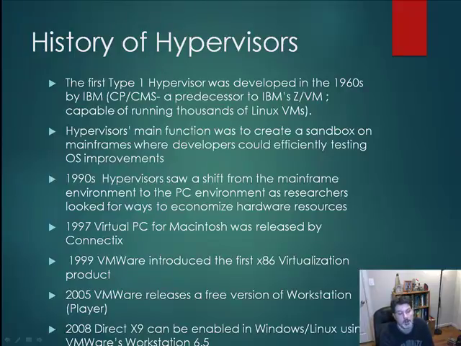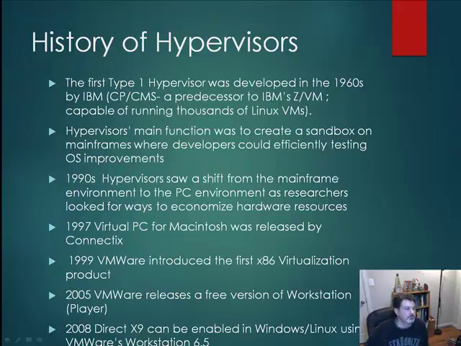VMware Player allowed us, as administrators, to expose ourselves to virtualization, often for the very first time, and begin to experiment with how virtualization can benefit our IT departments in our corporate settings.